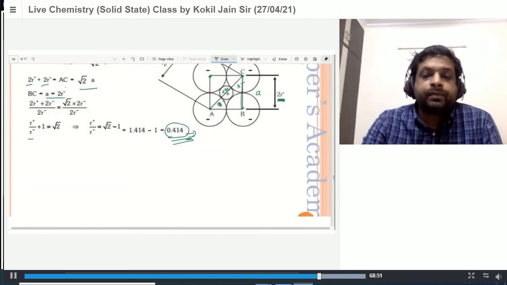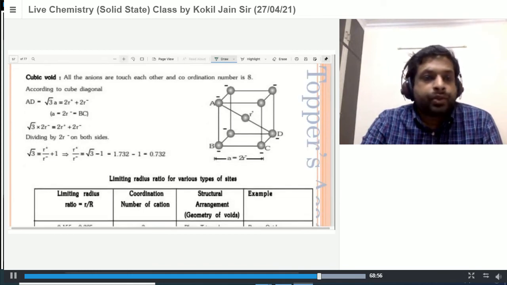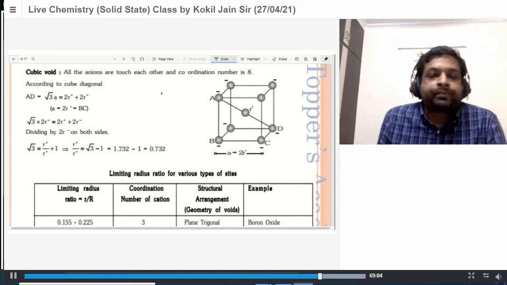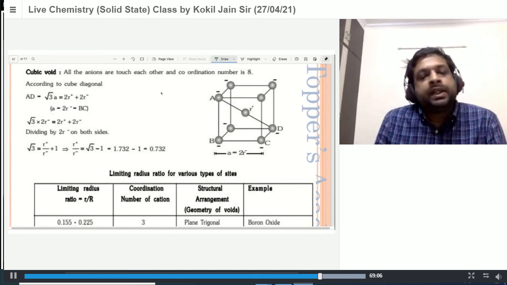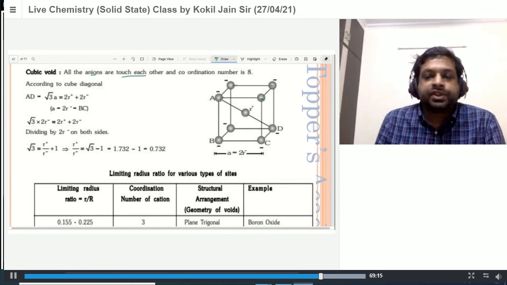Now let's see the cubic void here. For cubic voids, all the anions are touching each other, and the coordination number is going to be 8 here.